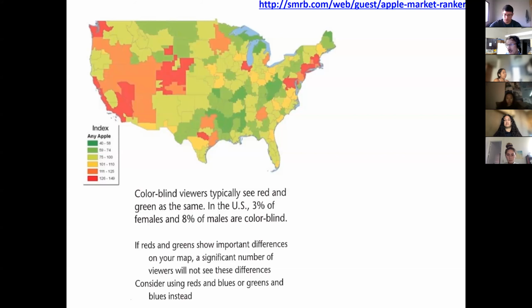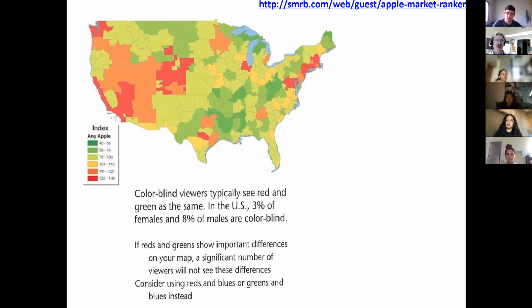I don't know if anybody in this class is colorblind. You don't have to say if you are, but about 8% of males, 3% of females. You're talking about a fairly significant portion of the population that is red-green colorblind, and for those folks, it would be incredibly hard to see differences between these colors.